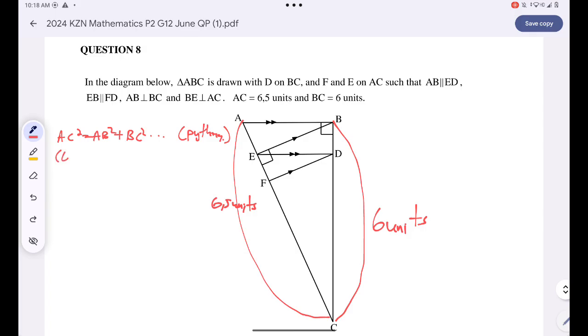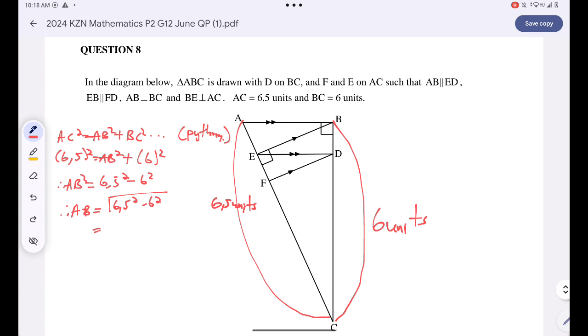So AC squared is just 6.5 squared. I'm looking for AB, and then BC squared, that's just 6 squared. Therefore AB squared is equal to 6.5 squared minus 6 squared, right? And hence AB is just equal to the square root of 6.5 squared minus 6 squared.